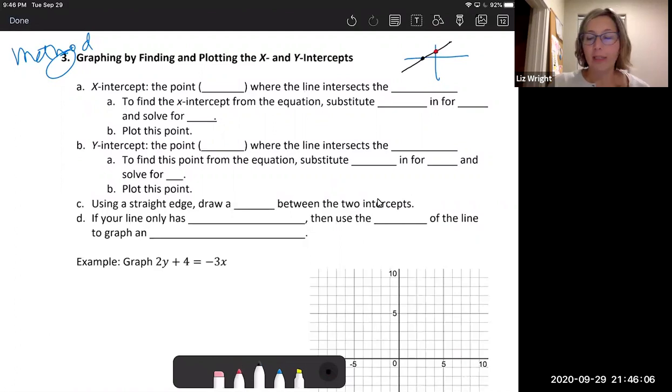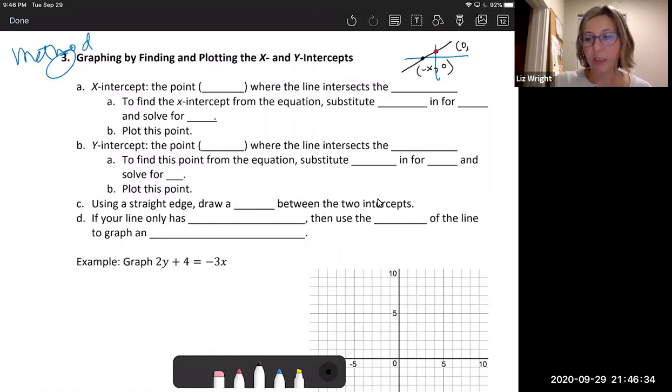I have no idea where that x-intercept is at that point, other than I know that the x value is negative, like it's going to the left, so it's negative x. And then I do know for sure that the y value is 0, right? So it's x, something, 0. Well, what do I know about the y-intercept? What's our x value? Our x value is always going to be 0.